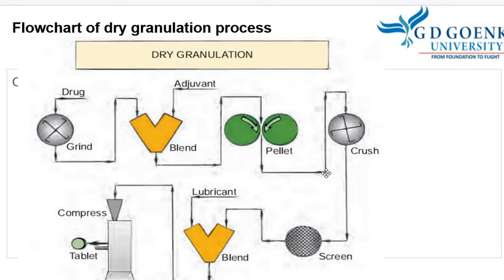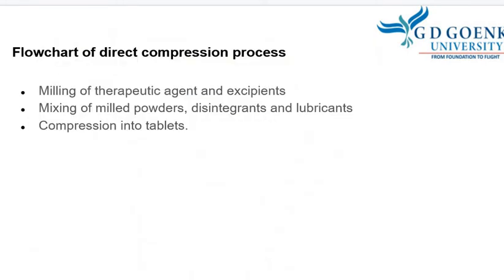These compacted biscuits are then crushed. The small units are then screened to form granules. These granules are then lubricated with the lubricant. Disintegrant may be added if required, and then they are compressed to tablets.